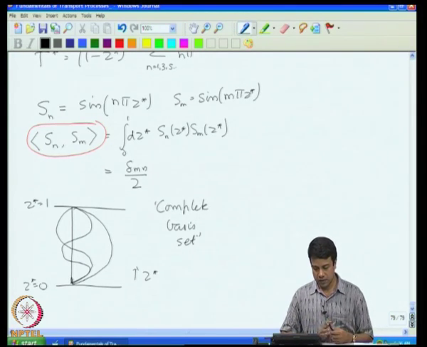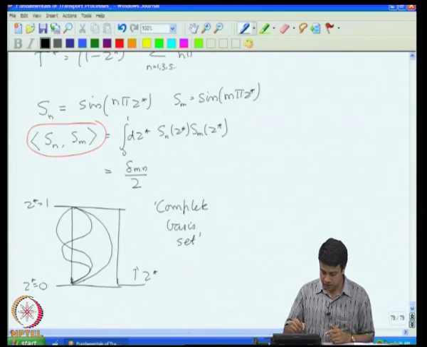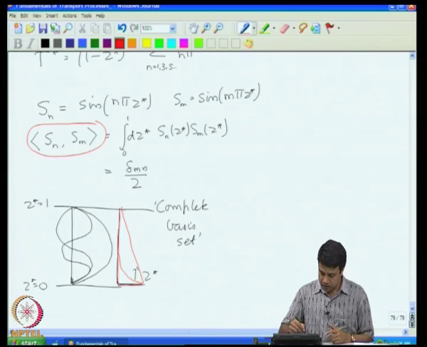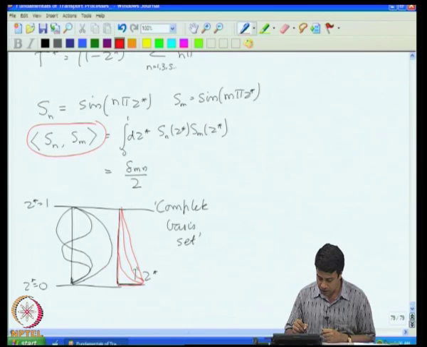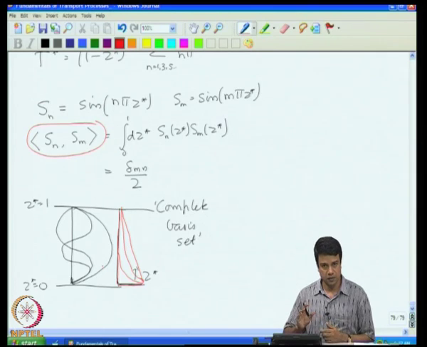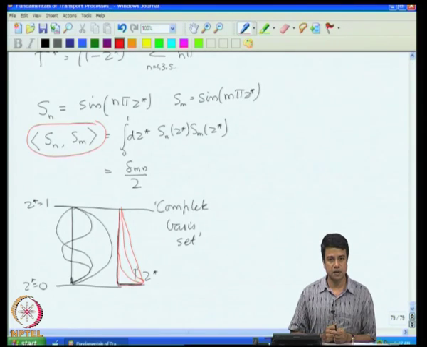So, any function in this domain, for example, the functions that we had for the temperature profile, which initially was something like this, and then decreased in time until it went to the final linear profile, each of these functions at all intermediate times can be expressed as the sum of these basis functions multiplied by suitable constants. Just as in a 3-dimensional vector space, any vector can be expressed as the sum of the unit vectors times constants, the components times the unit vectors.